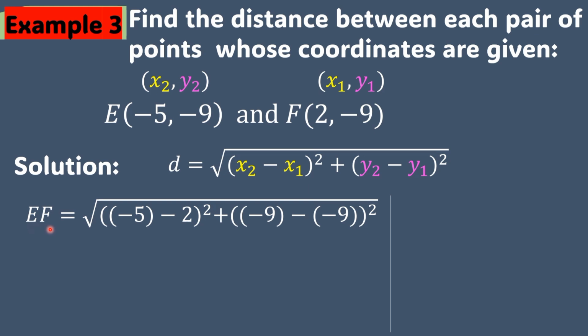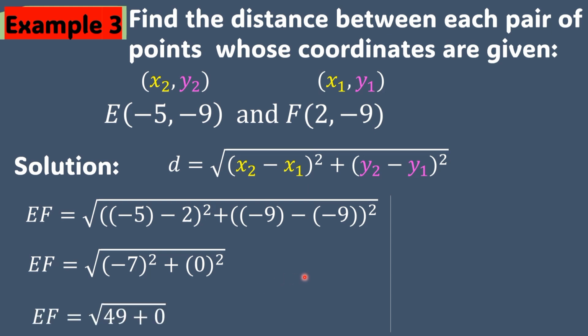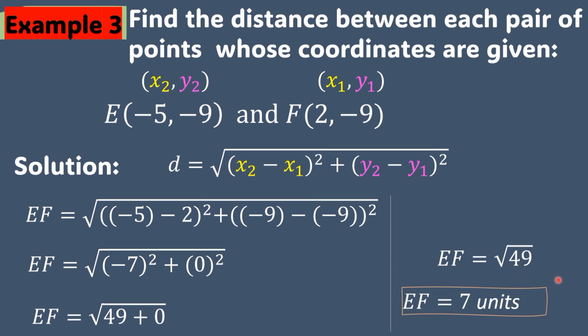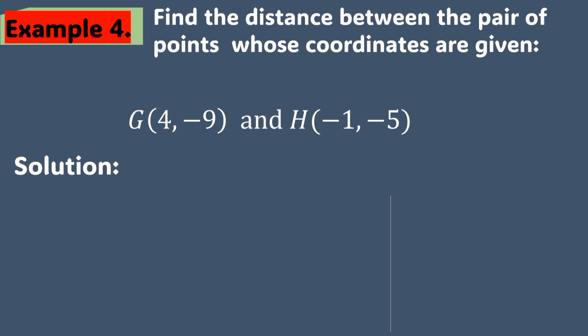The distance EF is equal to the square root of negative 5 minus 2 quantity squared plus negative 9 minus negative 9 quantity squared, that is equal to the square root of negative 7 squared plus 0 squared, which is square root of 49 plus 0. Then EF is 7 units.